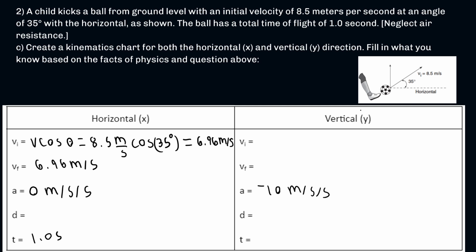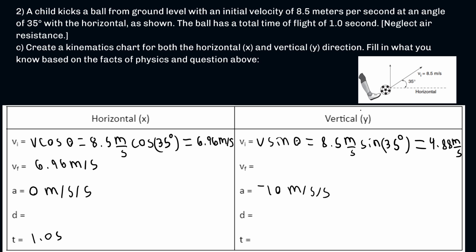For the vertical, my initial velocity is going to end up being my y component. The difference between this and the x is that we use sine instead of cosine. So my velocity times sine theta: 8.5 meters per second times sine of 35 degrees. When I plug this into my calculator, 8.5 times sine of 35 gives me a velocity of 4.88 meters per second.